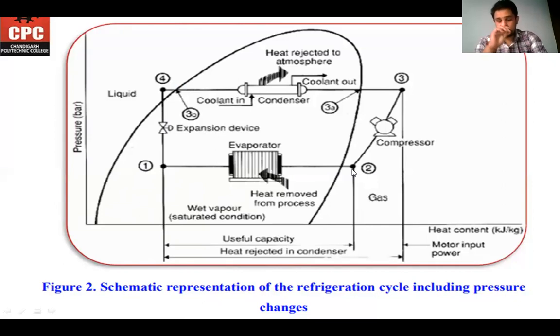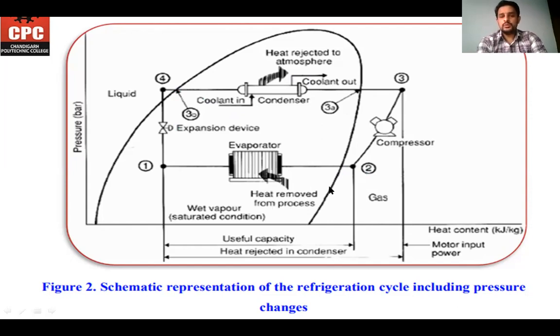We will revise it. From 2 to 3 the process is compression, 3 to 4 is condensation, 4 to 1 is expansion, and 1 to 2 is evaporation.